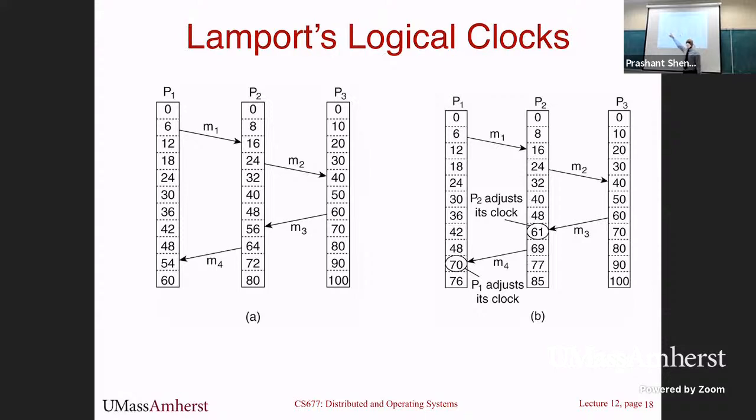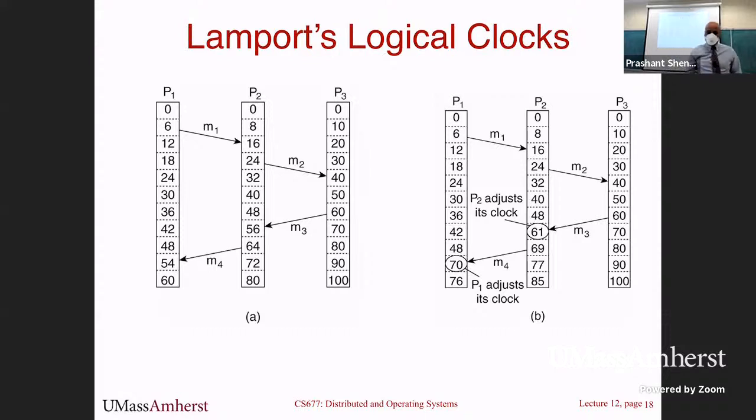When the message is received, the clock value is 56 on that other local process. So clearly here, if you don't do something about this clock value, you will see that the receive event has gotten a lower clock value than the send. So if you take the max of the clock on the remote process and this one plus 1, you will adjust that to 61 rather than 56. So this is going to ensure that your happened before relationship is maintained.